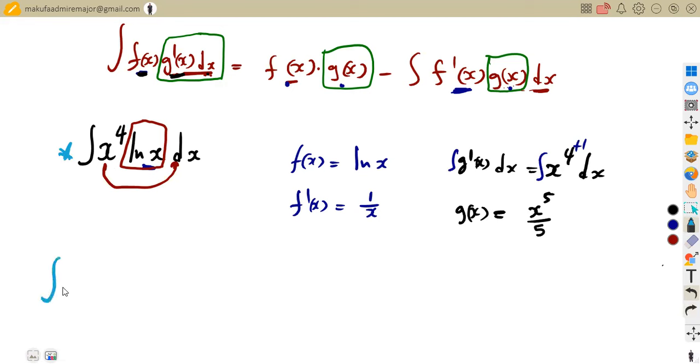So we are simply saying at the end, the integral of x to the exponent of 4 ln of x with respect to x, in this case, is going to give us what? F of x, which is the ln of x.